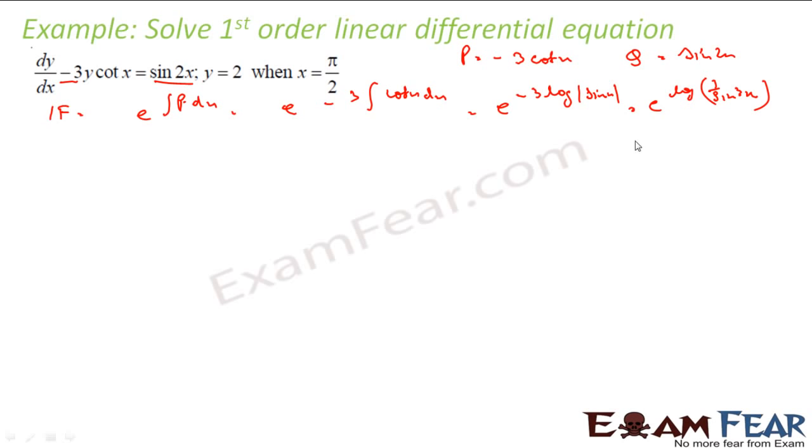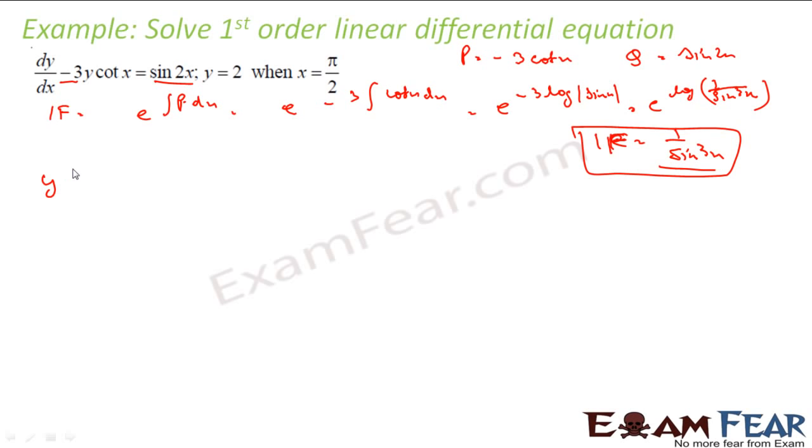And this becomes 1 by sine cube x. So I got IF as this value. Please note, minus 3 log sine x becomes log of 1 by sine cube x. How? Because it was minus 3, so it becomes sine cube, and because of the minus, it is 1 by this.